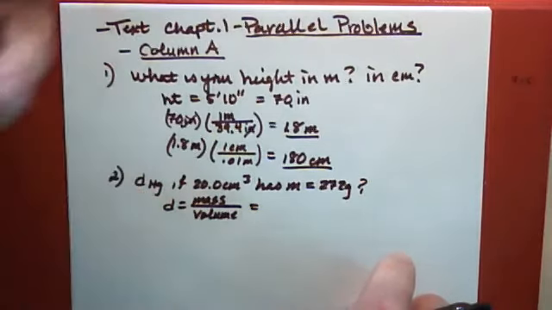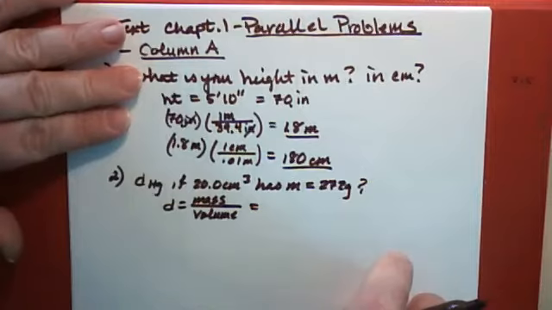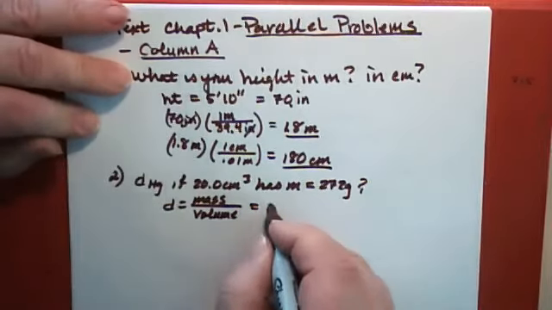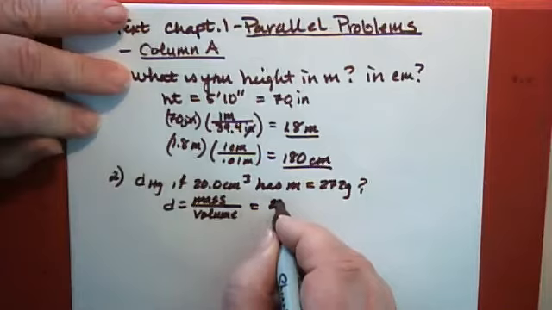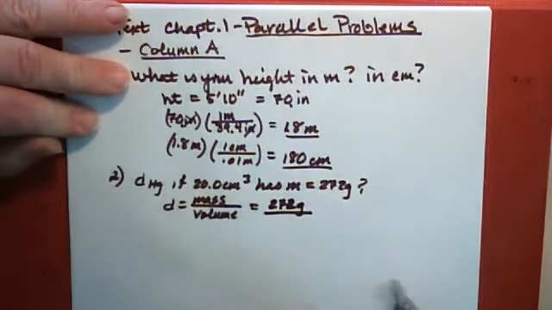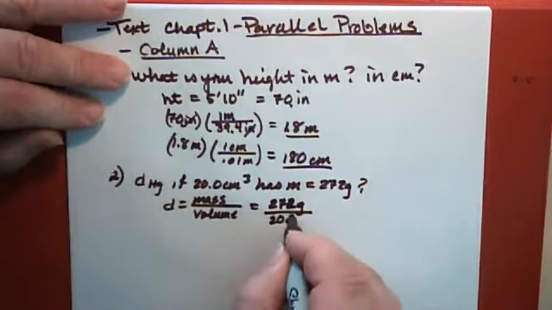Remember, as I said when we introduced density, any mass units over any volume units would be a density. In this case, they just happen to have given you grams and cubic centimeters, which would give you the standard units of grams per cubic centimeter for density.